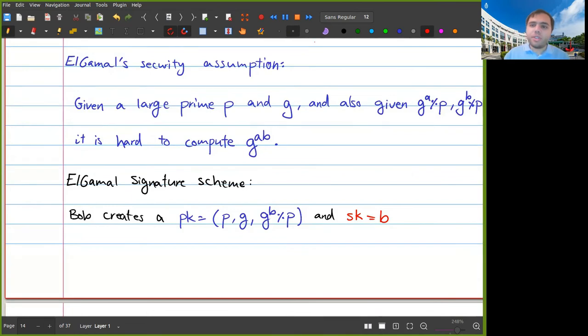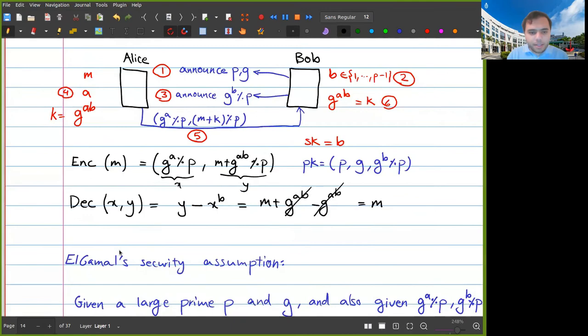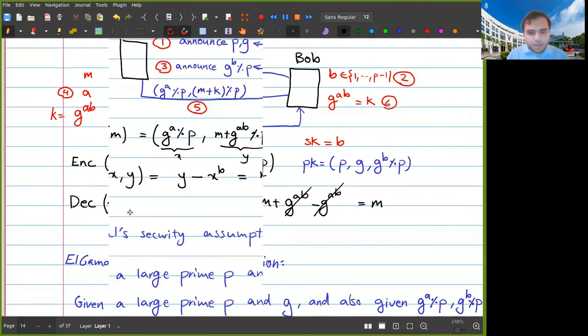And then we should be able to sign using the secret key, and we should be able to verify the signature using the public key. So if I have a message M, and if I want to sign this message M using my secret key b, the signature would be what? So we said that signing would be the same as decryption, right?